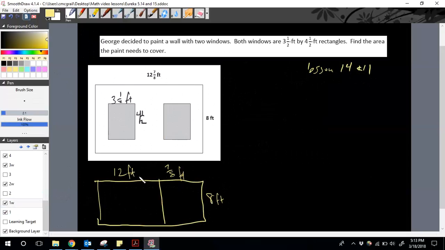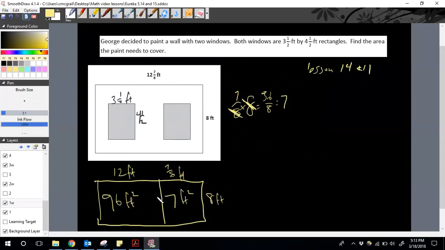Okay, 12 times 8, let's see. 8 times 10 is 80, plus 2 more 8s would be 16. So this is 96 square feet. And then 7/8 times 8. Well, I could do this 2 ways. I know that 7/8 times 8 equals 56/8, which just equals 7. But I could also just cancel out this 8 and this 8, and I know that it's 7 square feet.